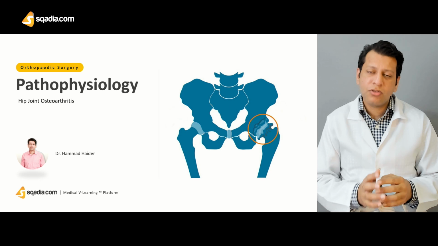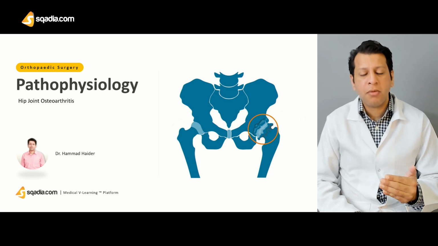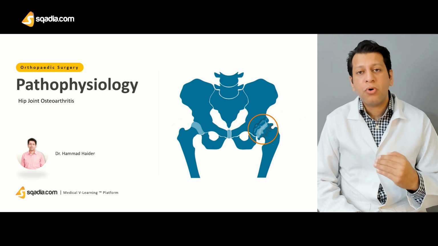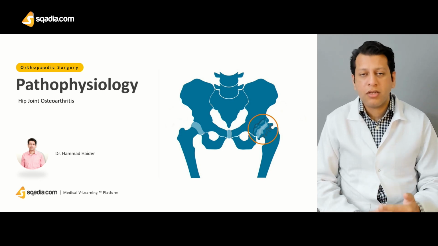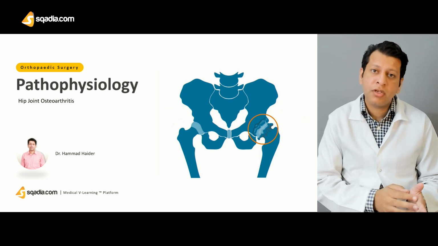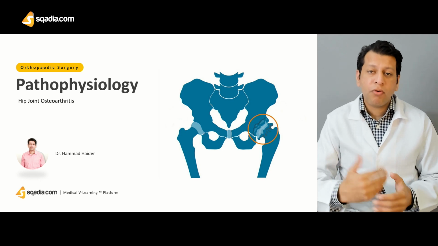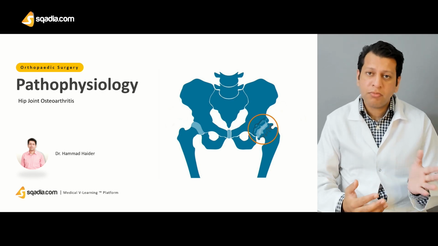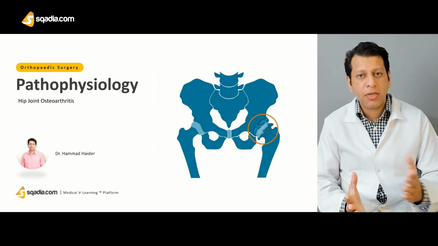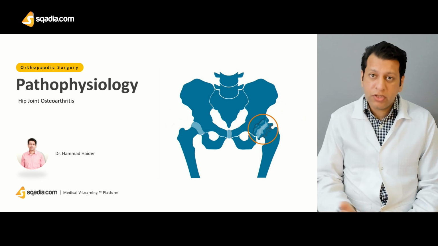And these patients who have become adults with dysplastic hips, they usually tend to develop osteoarthritis at a very early age. For example, in our patient osteoarthritis was at 51 years of age, but if the patient had some form of pathology in the form of a dysplastic hip, she may have developed the same problem maybe at, let's say, 30 or 35 years and even 25 years of age as well.